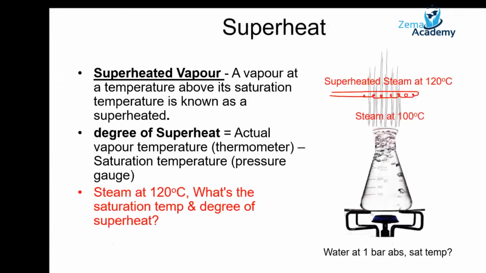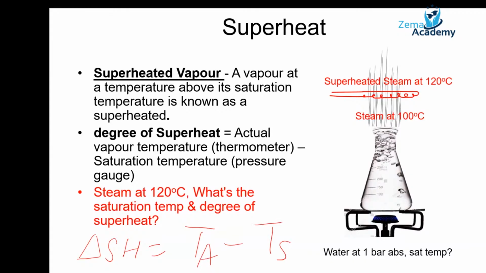Other terms that we will come across is superheated vapor. Superheated vapor refers to vapor at a temperature above the saturation temperature. We can calculate the degree of superheat: degree of superheat is equal to actual temperature minus Tsat.